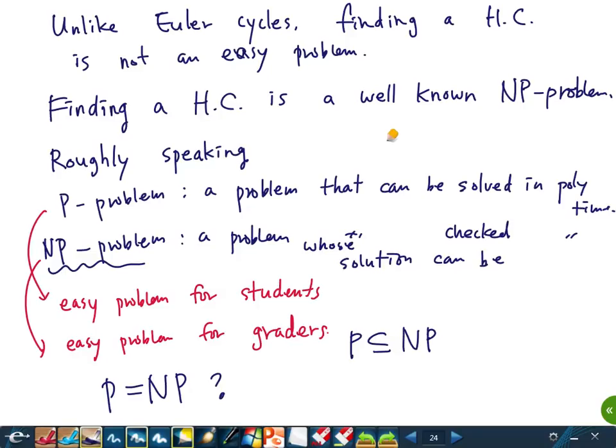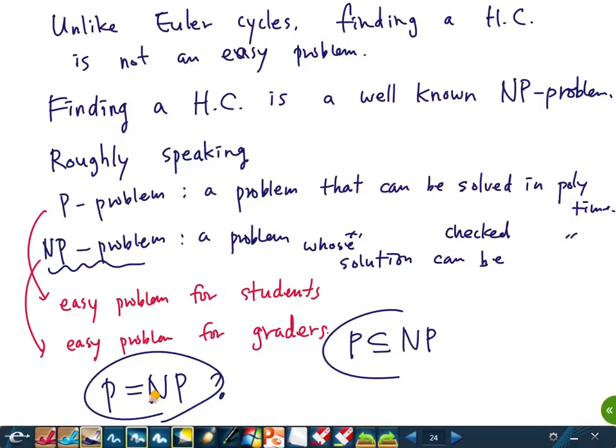If you find a polynomial time algorithm to create a Hamiltonian cycle, that will solve this problem, because the Hamiltonian cycle problem is what's called NP complete. But I'm not going to say more details about that. Maybe you have heard of this problem, right? P equals NP.